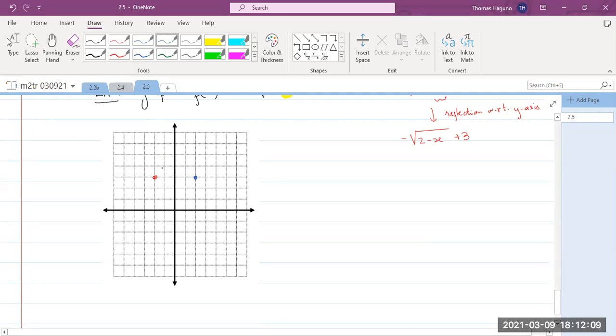It goes here. So instead of something that looks like what we have earlier, when you reflect this graph, you will get something that looks like this. Okay, now let's put that into more detail.